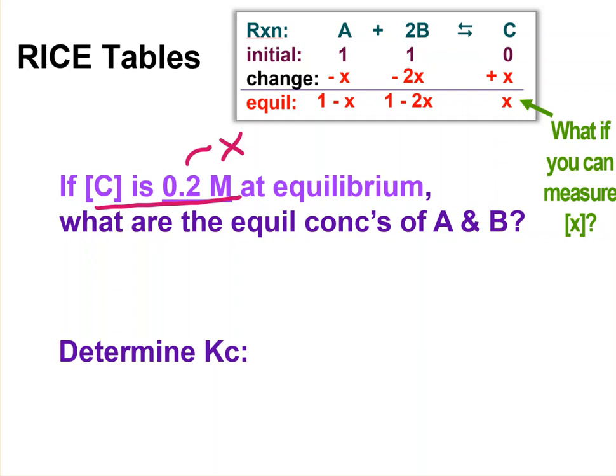If I want to get the concentration of A at equilibrium, I'm going to use my expression for A, 1 minus X. That's the concentration.